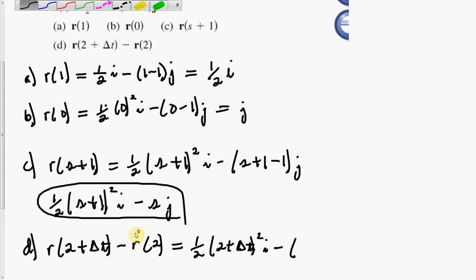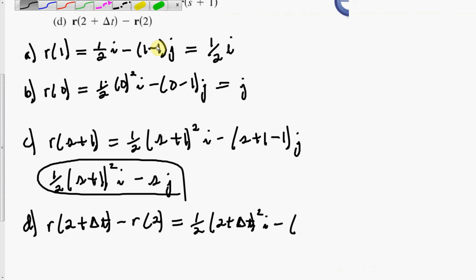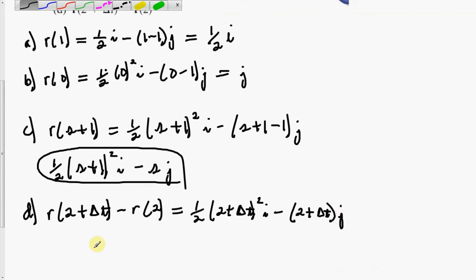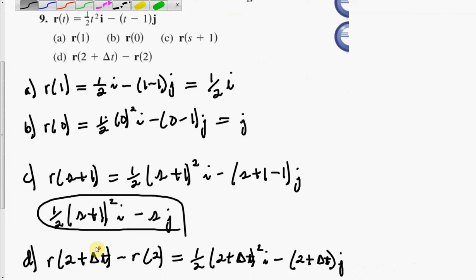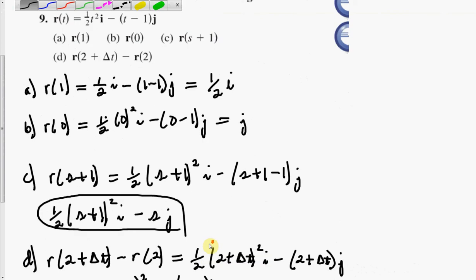This function is defined with the I and the j component. So this is minus t, which is 2 plus delta t j, and then all of that minus r evaluated at 2. So we plug in the 2 there for t, squared I minus 2 minus 1 j.